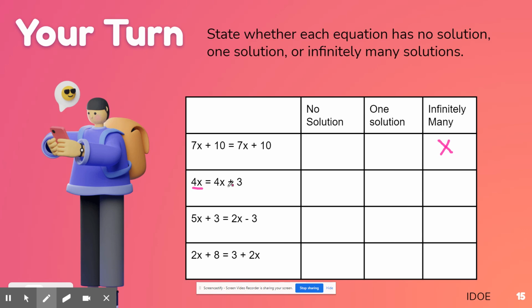Looking at this, they have the same variable, but they have different regular numbers. This is no solution. As soon as I see that they don't have the same variable, I know that it's one solution. Again, they have the same variable, but they have different regular numbers. I know that this is no solution.